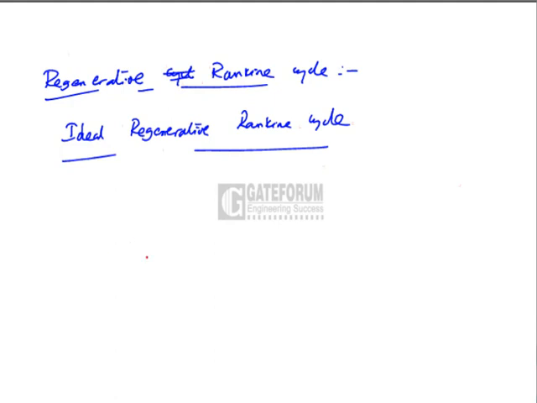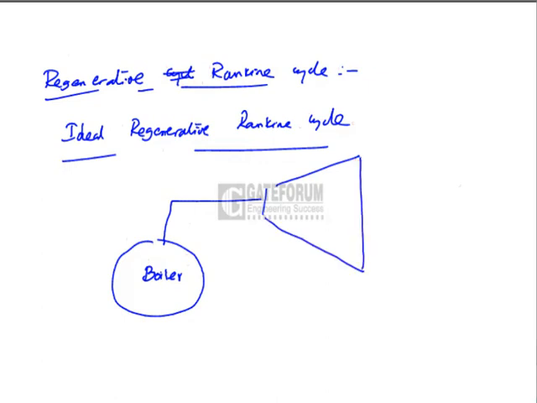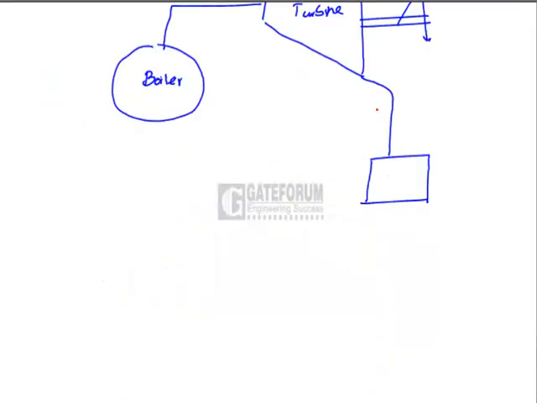In this cycle, the steam is entering the turbine from the boiler. It is expanding, doing work, and the exhaust steam leaving the turbine is condensing in the condenser, and we get a condensate liquid at the end of the condenser.